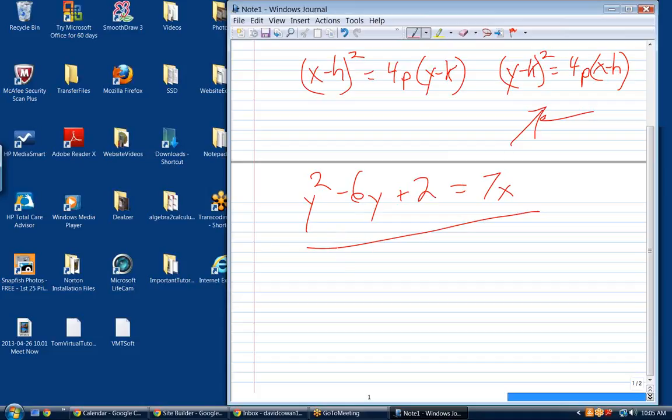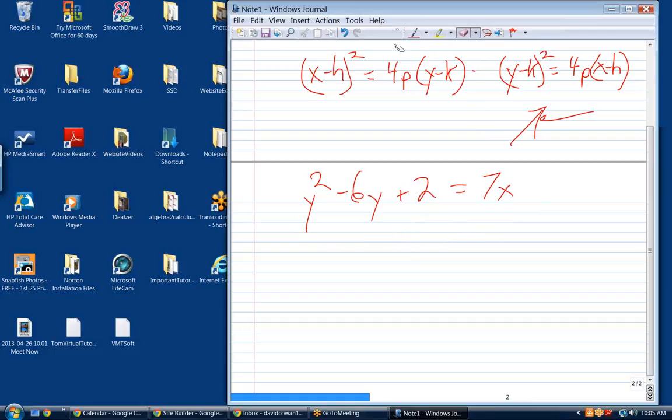That's our plan: to complete the square. Well, let's take, for the moment, this 2 and move it to the other side. So it becomes a minus 2. And now we can complete the square. Remember how to complete the square?